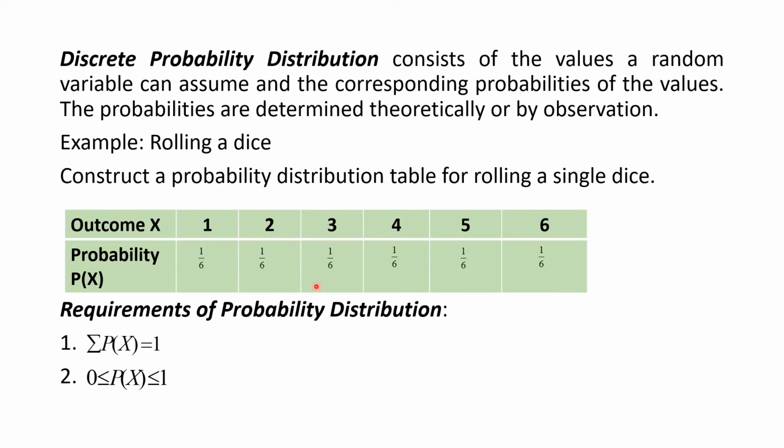So the sum of probability is always 1 for any event occurring. And the probability value should only be between 0 and 1. So the probability of each outcome occurring should not exceed 1. It can be 0 or 1, minimum 0 and maximum 1, but not exceeding 1.